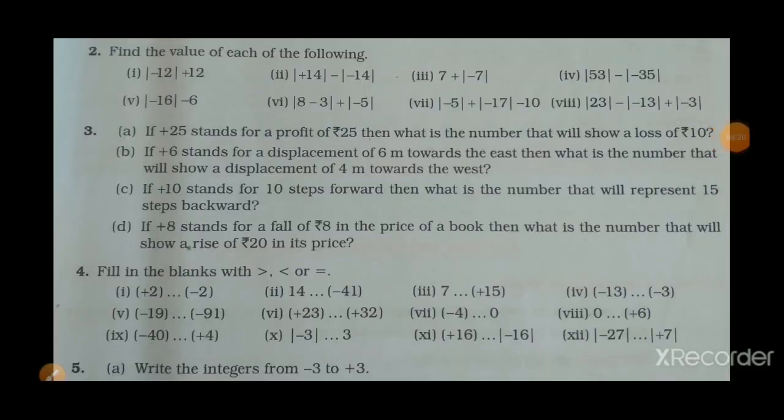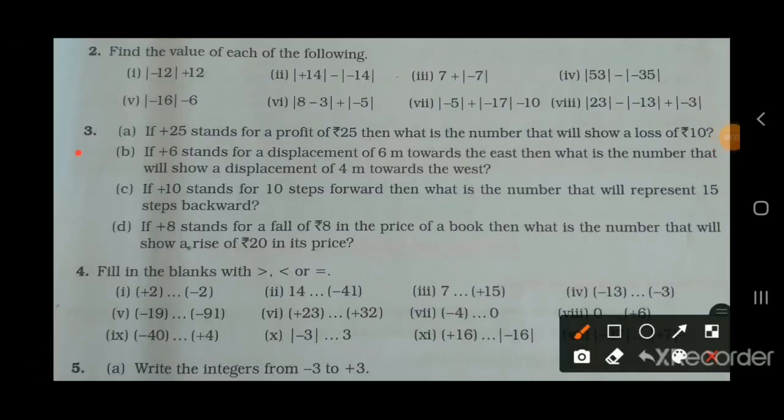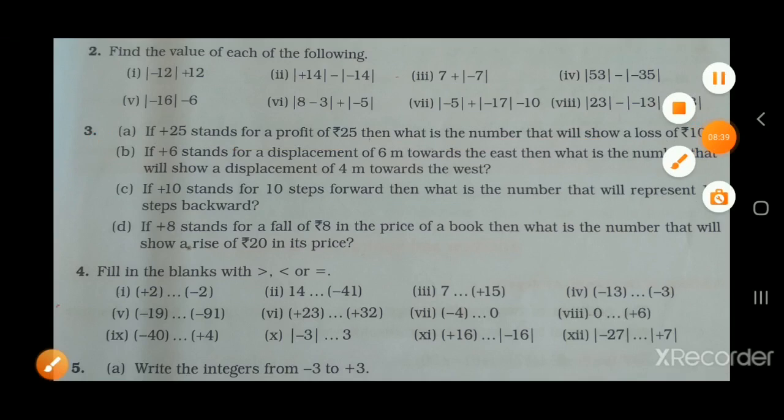Yes, student. In question number 3, he is saying if plus 25 stands for a profit of rupees 25, then what is the number that will show a loss of 10 rupees? Here we will use positive and negative integer.